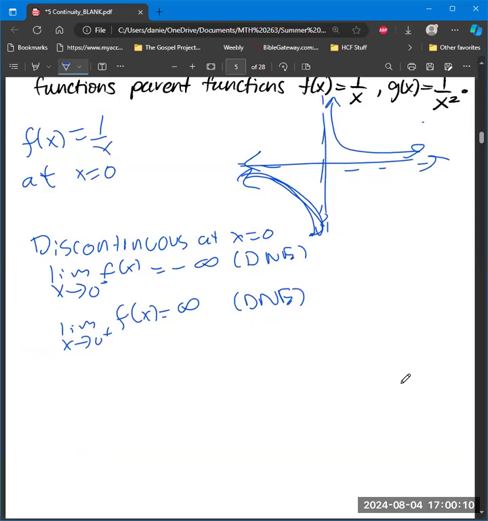Because the limit does not exist, it violates rule 2, but also f of 0 is undefined, which violates part 1.